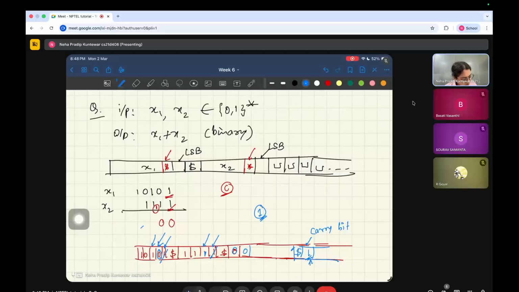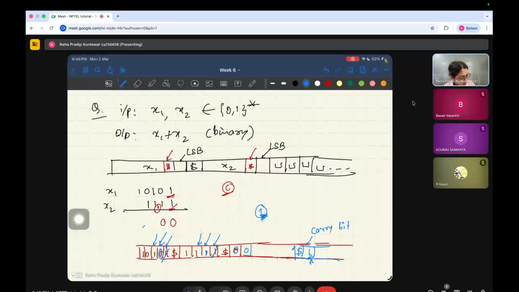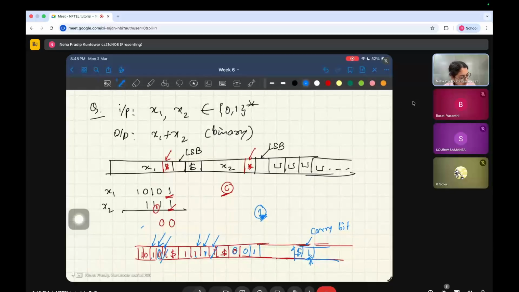Then you look at the third bit here, add them together. So 1 and 1 is 0, and then you are again adding this 1 carry bit, so this becomes 1, and you are still carrying a carryover. Then you look at this bit here, this is 0 plus 1, which is 1, and you add a carry to it, that is again 1, and you are still carrying over.